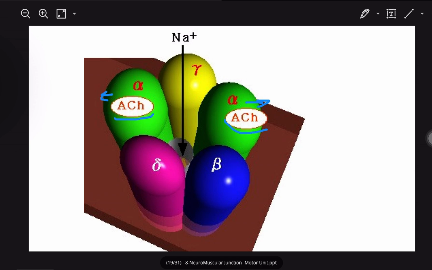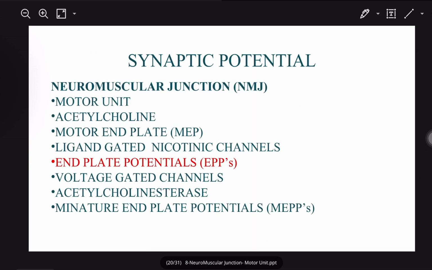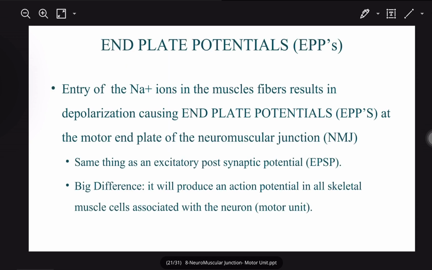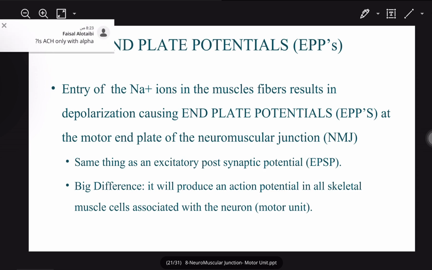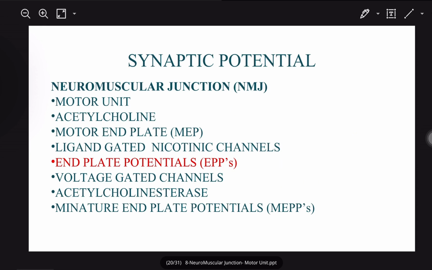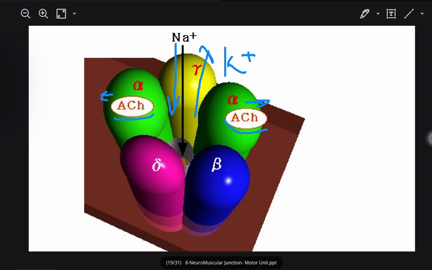So what happened in A, sodium will go inside, and outside is K, potassium. This is where we're going to talk about the end plate potential, EPP or EPPs, because we have more than one. It connects with the alpha usually, so it goes with the alpha, not the beta.